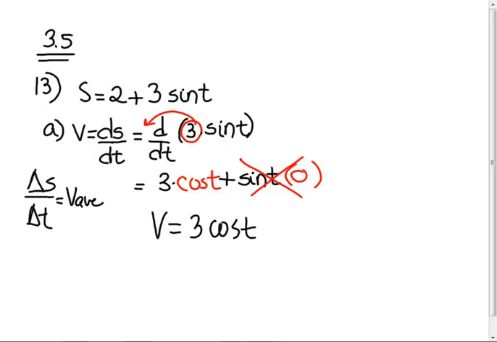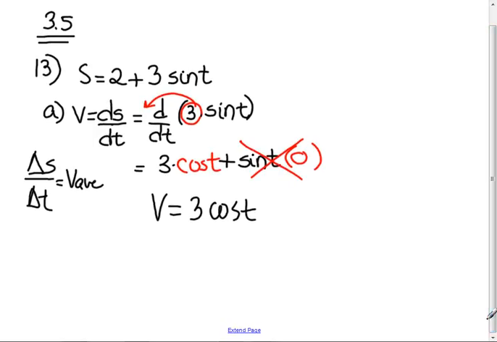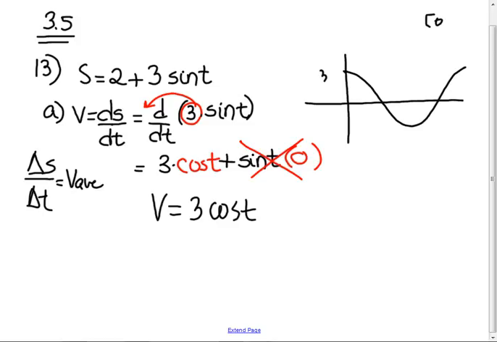What's my speed? That becomes negative. What does this look like? 3 cosine of t is going to put me up here. It's going to look like this in an interval from 0 to 2 pi. But what's the speed? What's true about the velocity? Here's t. Here's velocity. What's true about the velocity here? That's negative 3. But what's the speed at that time?